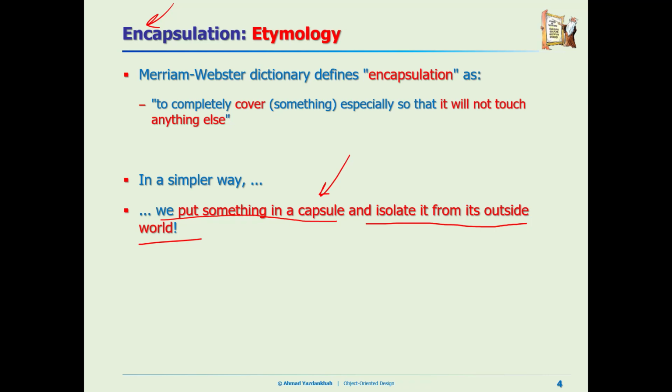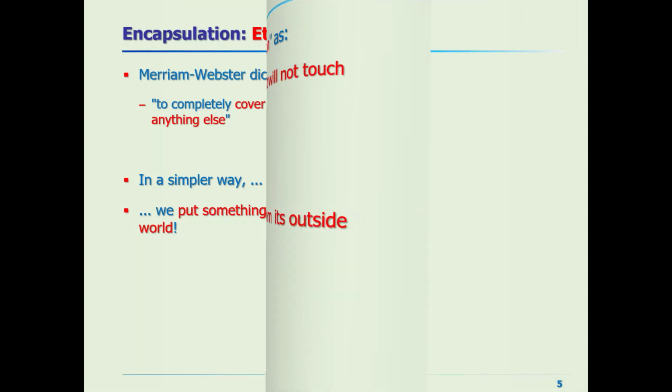So that's the definition that we are looking for in computer science. We define encapsulation in OOP as an ability, like the other concepts we have learned in OOP fundamentals. These fundamentals give us some abilities, and encapsulation is one of them: the ability to bundle attributes and behaviors. Bundle here is the same as putting something in a capsule, right?